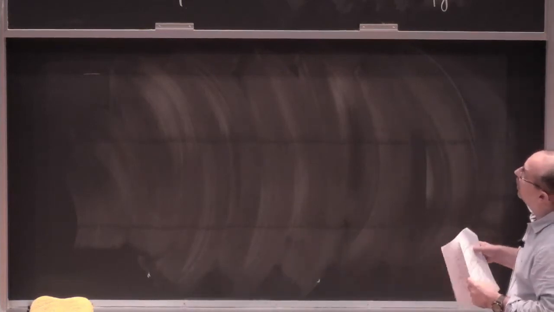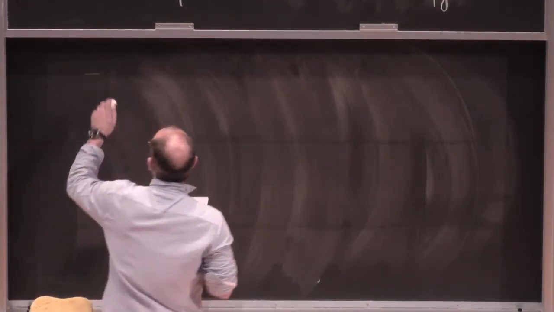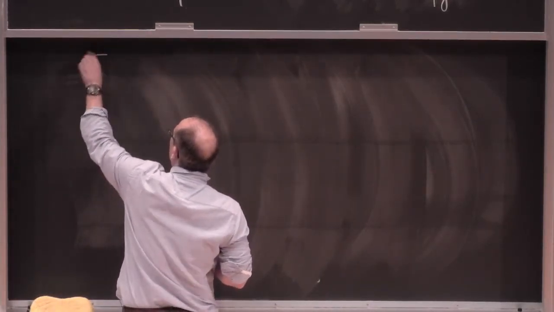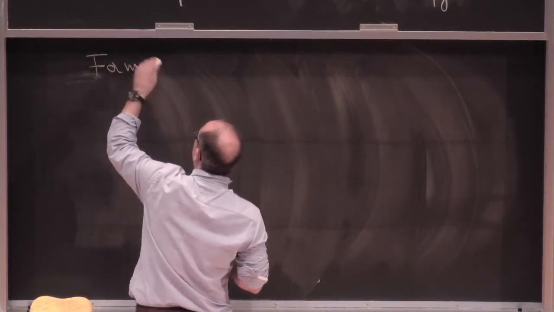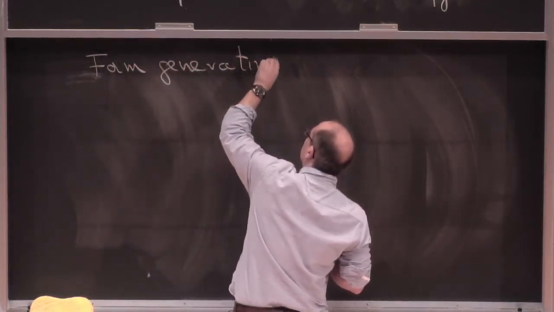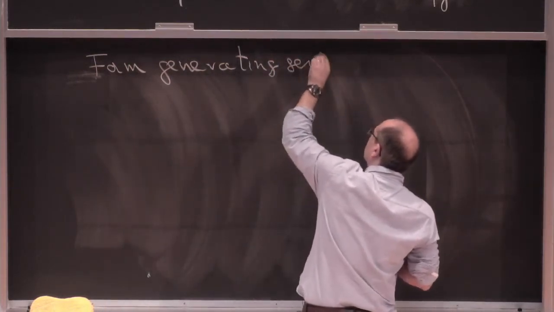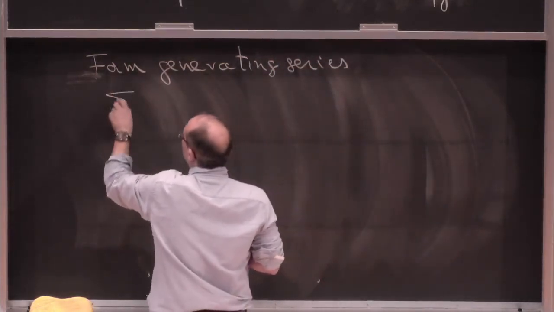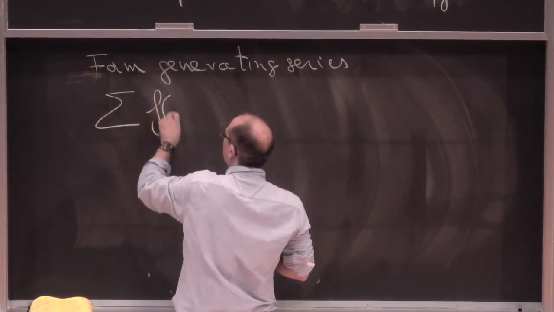Okay, so a method to evaluate these partial sums is to form a generating series. There are two types of generating series you could imagine.